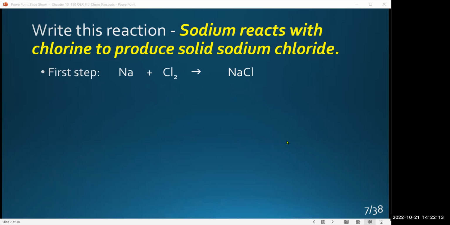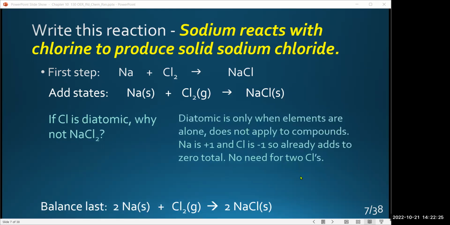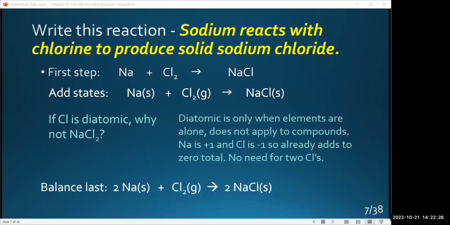So there's the basic formula as we wrote it, okay? Then we added the physical states, and then we balanced it out, okay? Now, obviously, you might, and I've seen this before, assume it's NaCl2 here, because chlorine is Cl2. That is not the formula for sodium chloride. Why is that? As I stated earlier, sodium is a group 1 element.